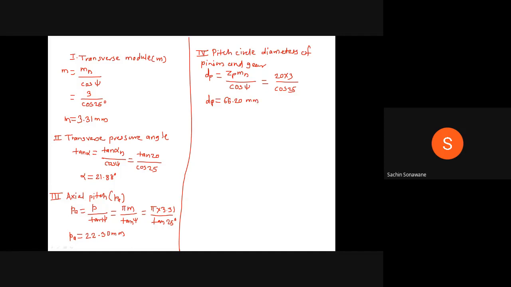66.20 mm. Now, pitch circle diameter of gear DG is equal to ZG into Mn upon cos psi. Substitute the values: 40 into 3 divided by cos of 25. Therefore, DG is equal to, calculate the value.